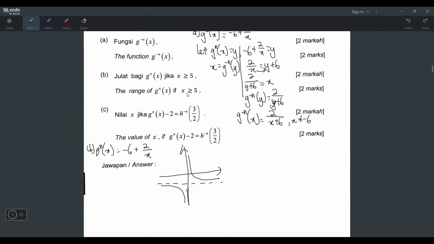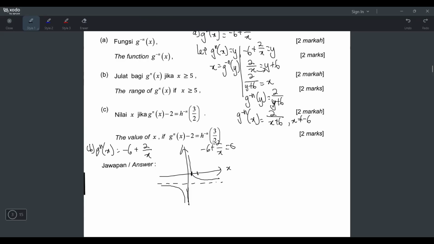So they say x is bigger or equals 5. So we all know this is x. So 5, I think, is around maybe here. Okay, wait. If the equation is 2 over x minus 6, I can find the x-intercept. So -6 plus 2 over x equals 0, because this is the x-intercept, right?